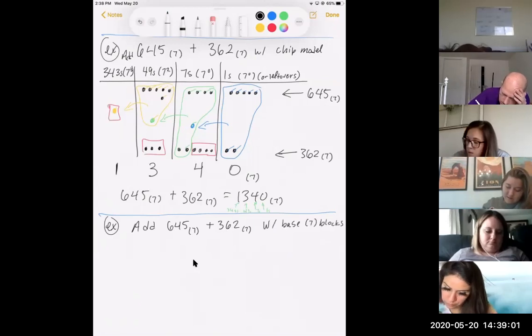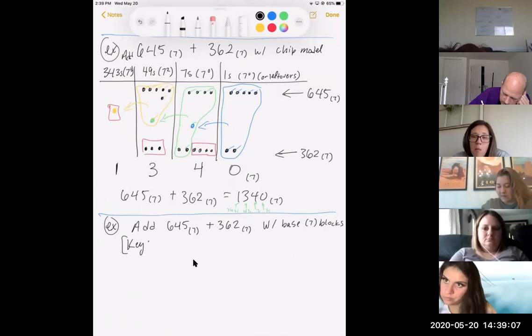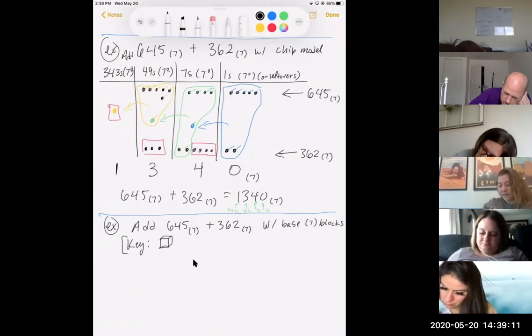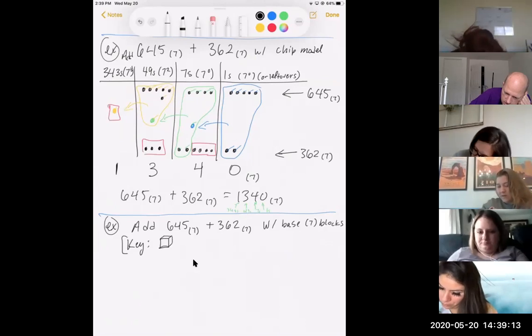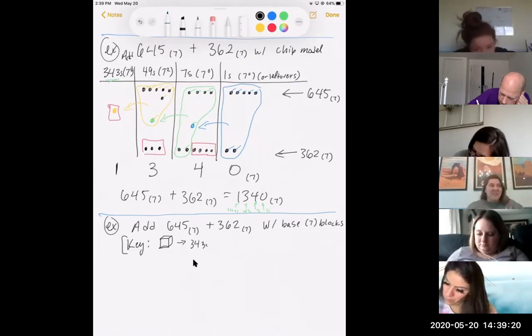Okay. So we're going to use the key here because I'm working in base 7. My big cube was just up here, 343's, or 7 cubed, so it's going to be the 343's place.